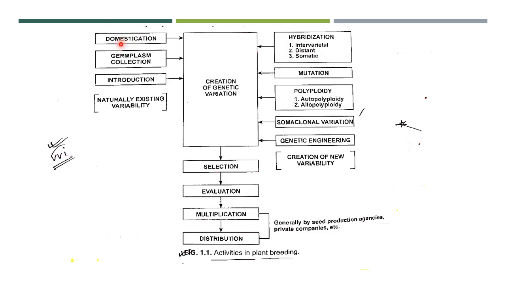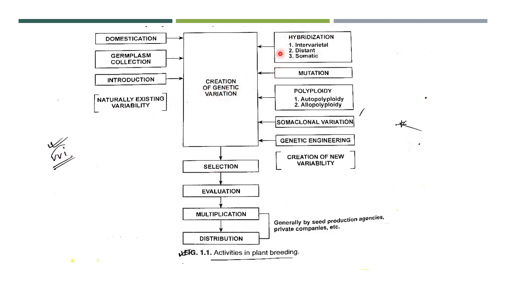After that, we practice selection, hybridization, etc. If there is less genetic variation present, we go for creating genetic variation using methods like domestication, germplasm collection, introduction, and naturally existing variability. These are all present in nature and we utilize them to create natural genetic variation.